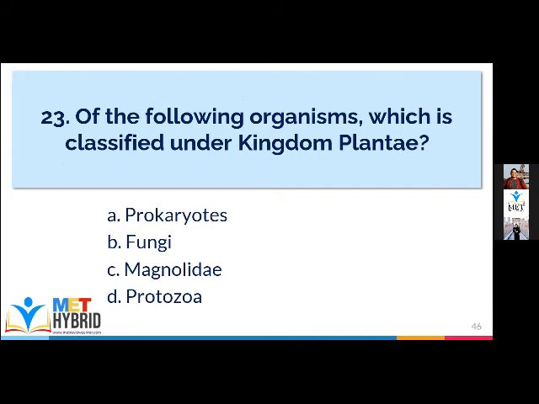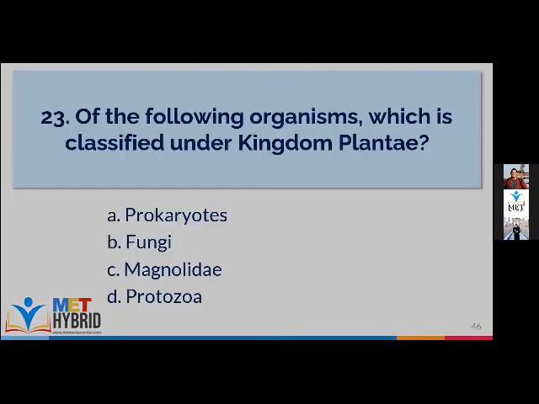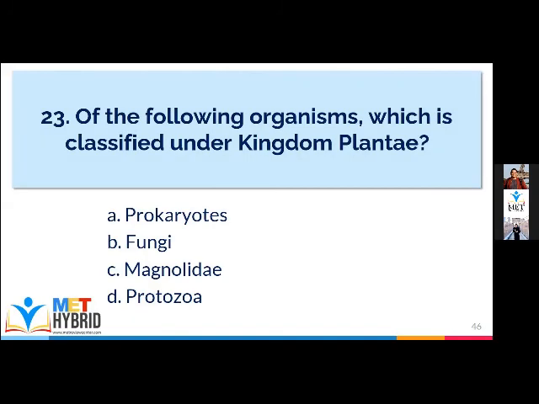So magnoliae, it is a group of flowering and fruit bearing plants. An example for magnoliae is your Annona squamosa. No? What is the answer to 22? Letter C. So 23, Annona squamosa.